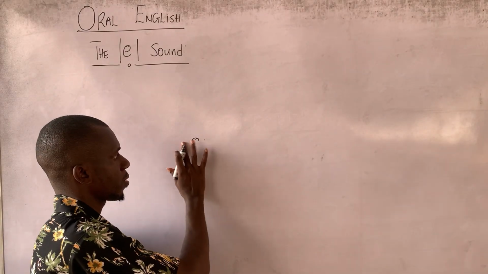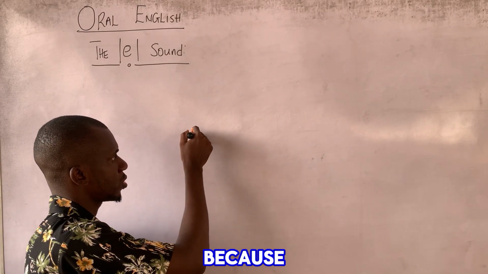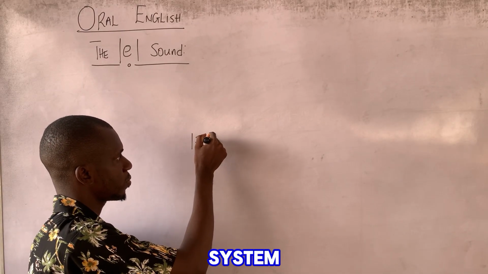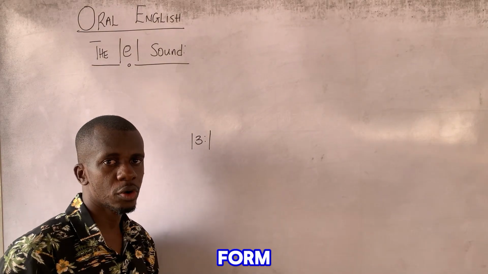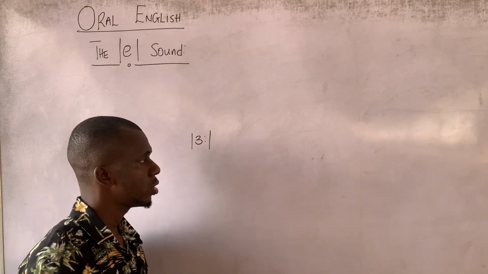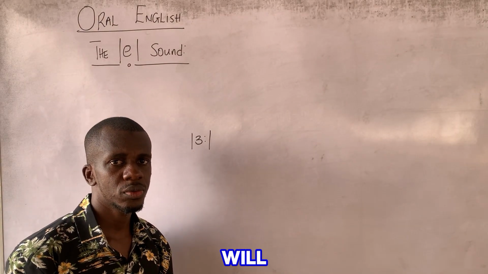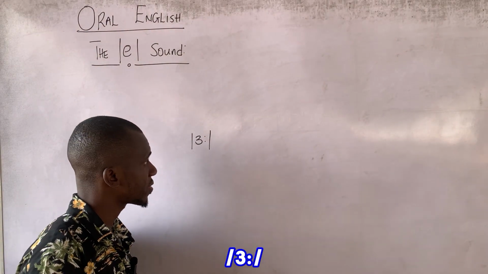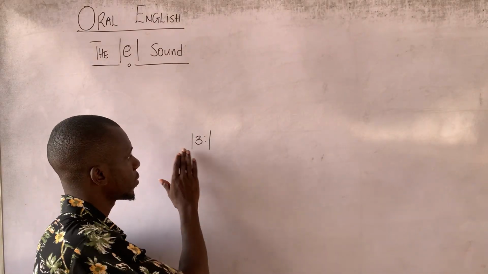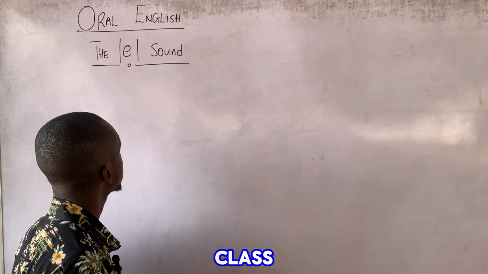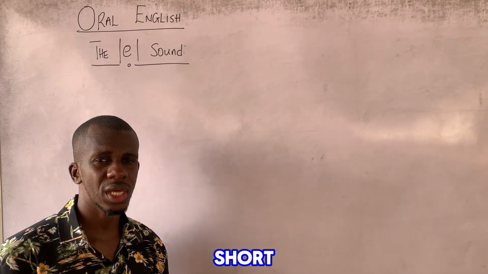This is because in the sound system, we have the long form of the air sound, which is written as this. Subsequently, we'll be looking into the long air sound. But for the focus of today's class, we're going to look at the short air.